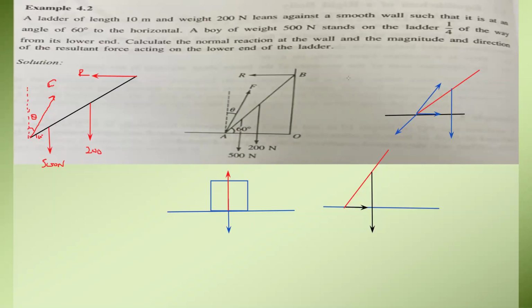So as a result of these two forces, the ladder will not experience a normal contact force or reaction force exactly perpendicular. The normal contact force in case of a ladder will have a certain angle.